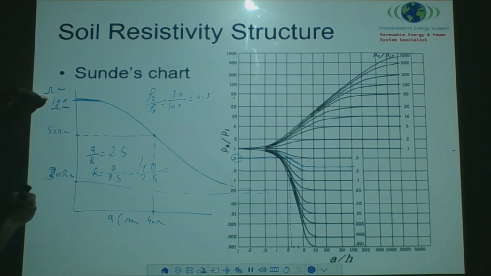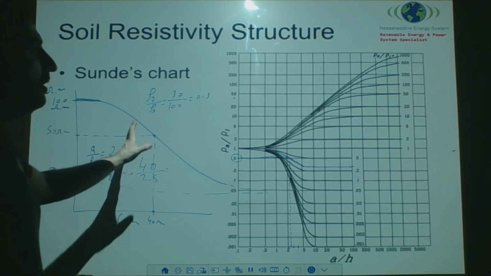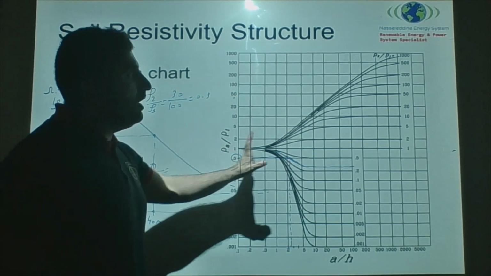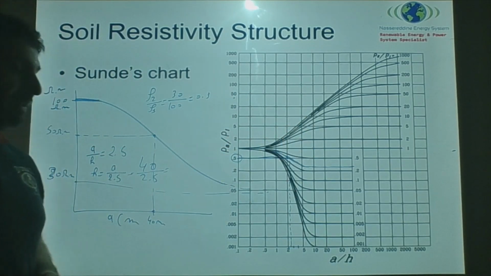The top one is 100, the bottom one is 30 ohm per meters, and H is 40 over 2.5. Is that clear? That's how I managed to do all my system.